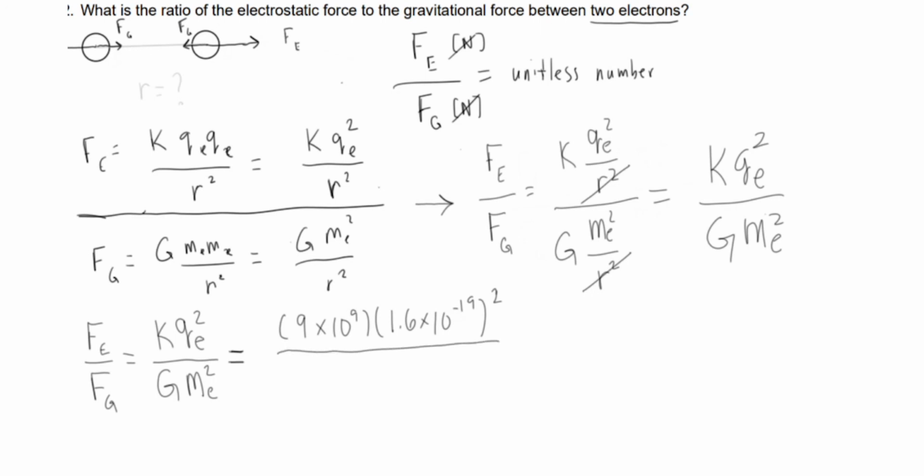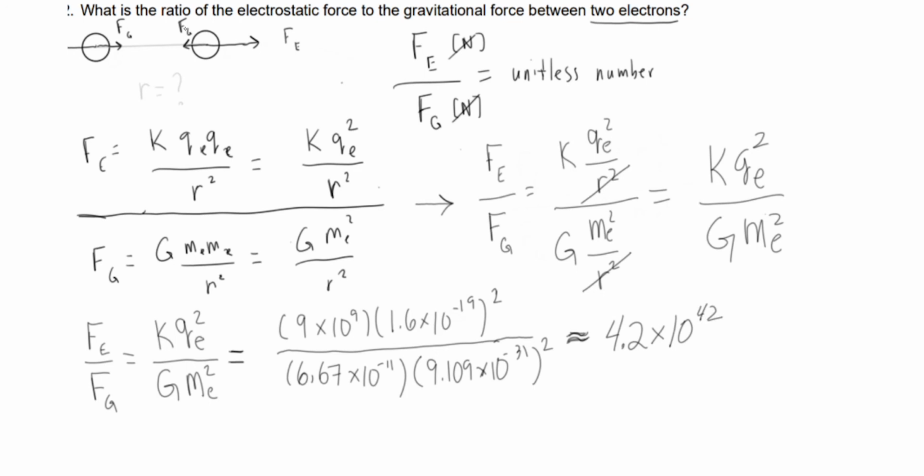All over big G, which is 6.67 times 10 to the minus 11, all over the mass of the electron, which is 9.109 times 10 to the minus 31. Again, that's also squared, so don't forget your squares. Okay. So we get approximately 4.2 times 10 to the 42.